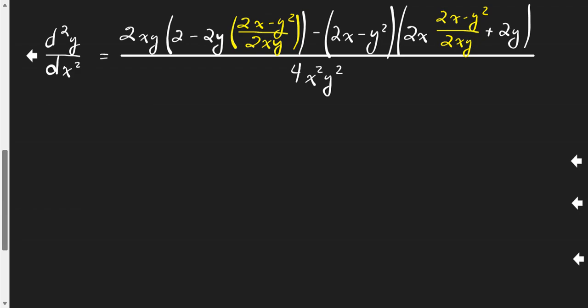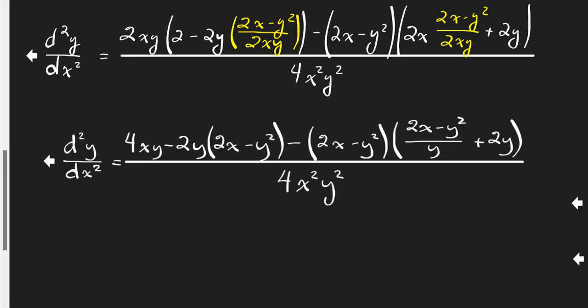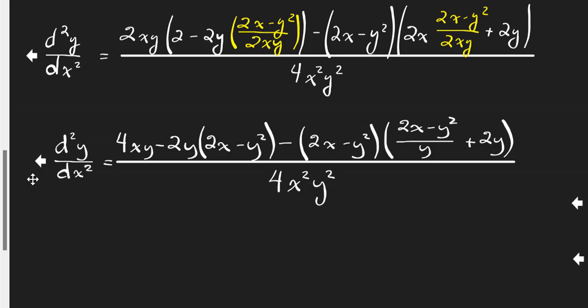Then we need to do some simplifying. So I'm going to multiply everything by 2xy, everything on top and bottom. Oh, wait. No, I just simplified. Oh, there we go. So what I did at this point is this 2y and that 2 and y canceled out. Oh, actually, don't even do that.